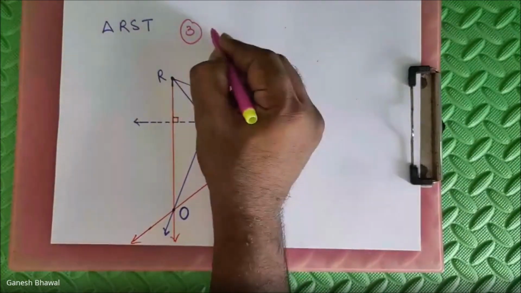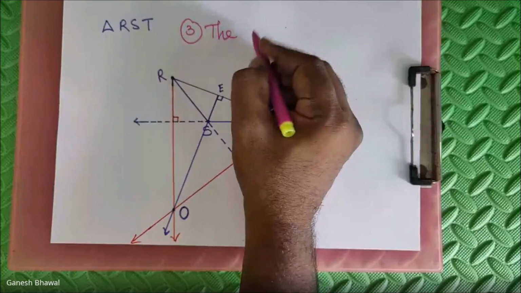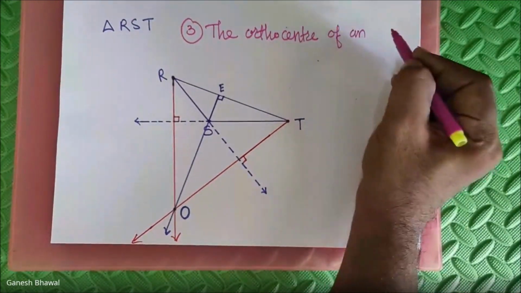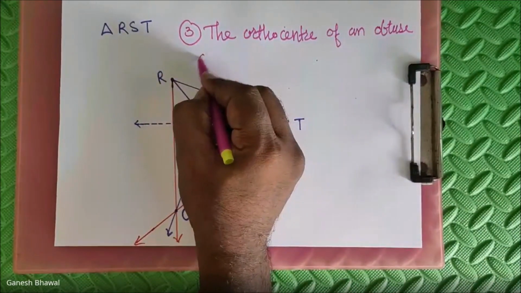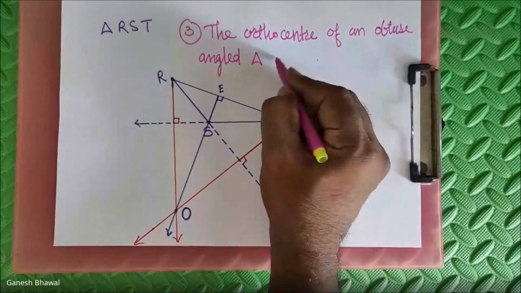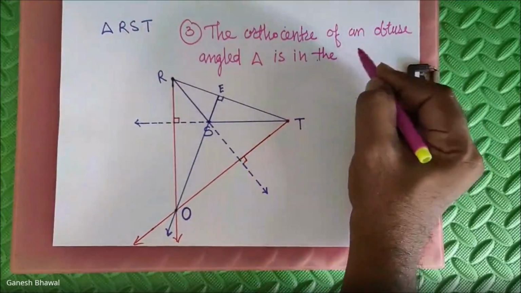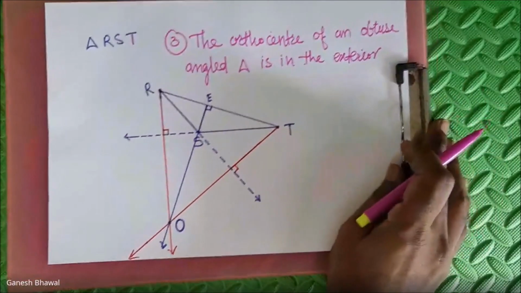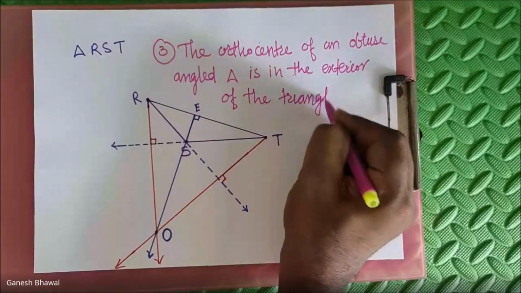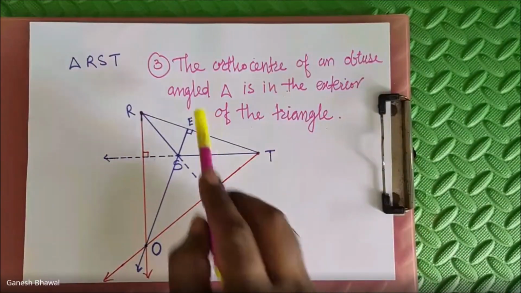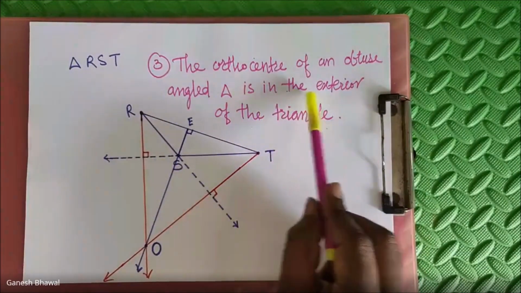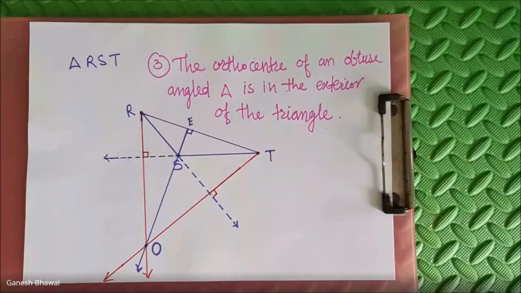Number 3: the orthocenter of an obtuse angled triangle is in the exterior of the triangle. This is the exterior of the triangle.